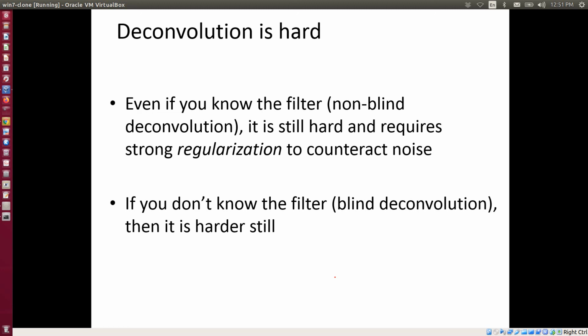It's like applying a filter, but you don't know how your hand shook. So you need to emulate back, kind of predict what you actually did when you took the picture. So there's so-called blind deconvolution, where you use some kind of estimation to figure out what your filter is, and then maybe you can get this back.